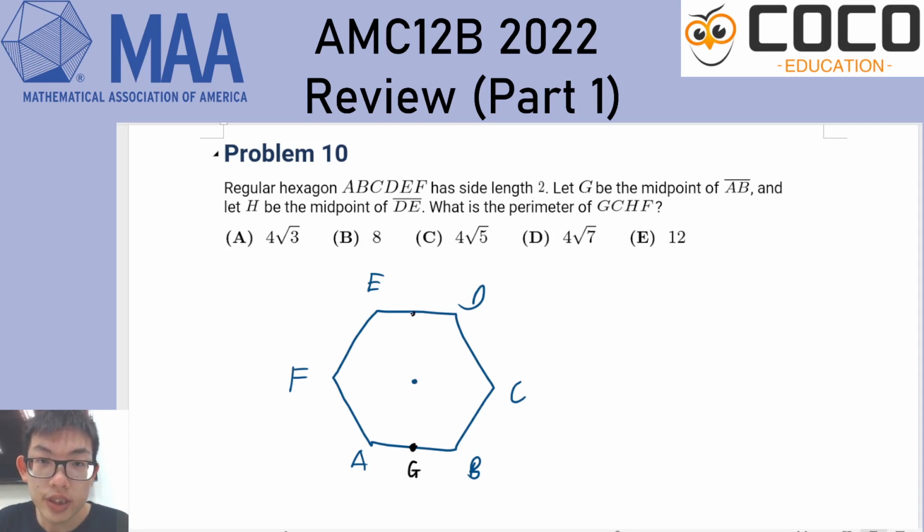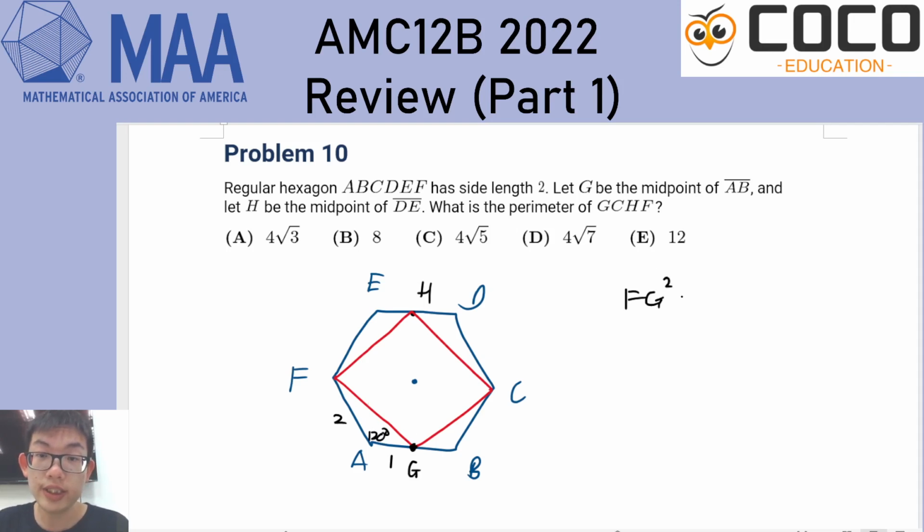This is G, this is H, and I want to know the perimeter of GCHF, which is very obviously going to be symmetric. I feel like I don't need to do anything more than just use the cosine rule because this is 2, this is 1, this is 120 degrees, and all four of these are the same.